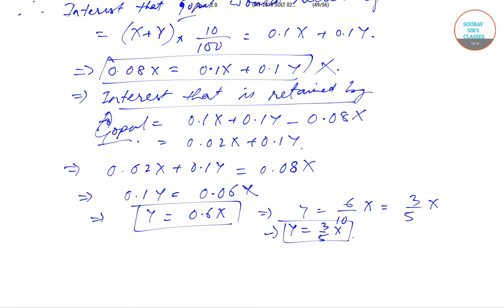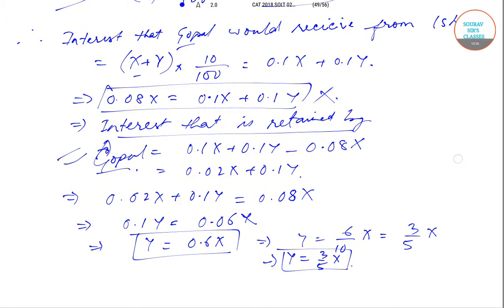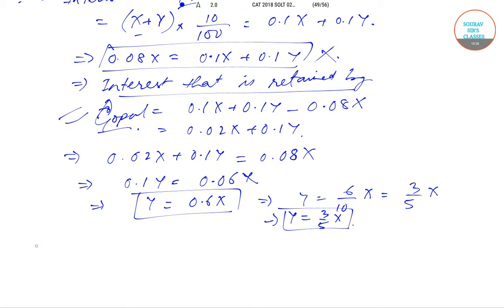Now it has been said that had Gopal lent rupees x plus 2y to Ishan, in that case the interest that Gopal would have retained would have been rupees 150 greater. So let us find out the interest that Ishan would have received.